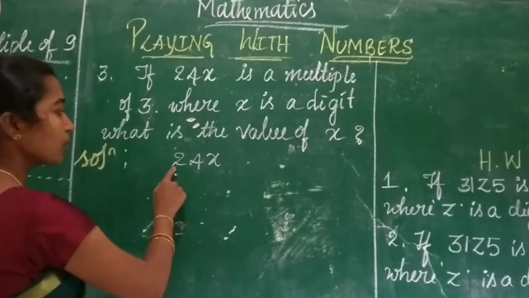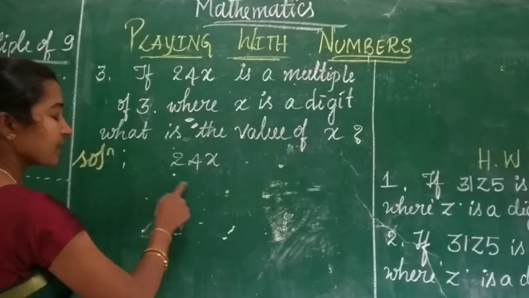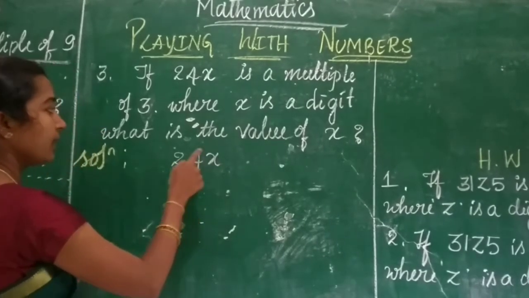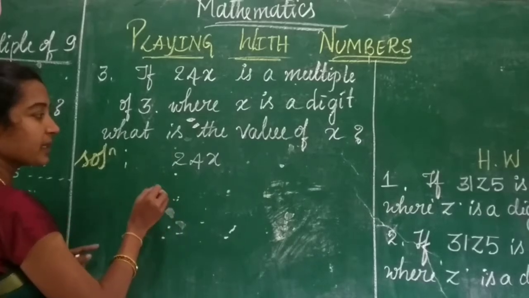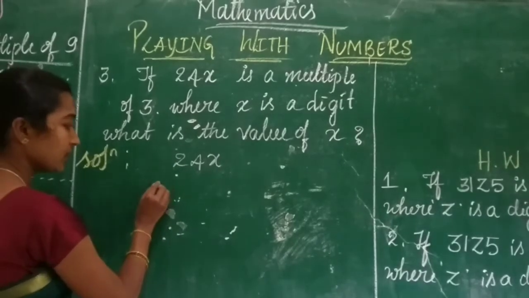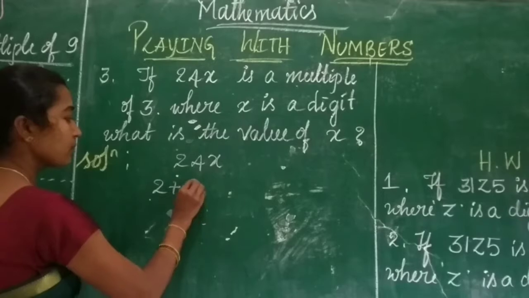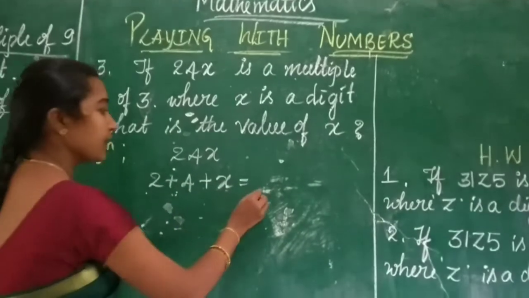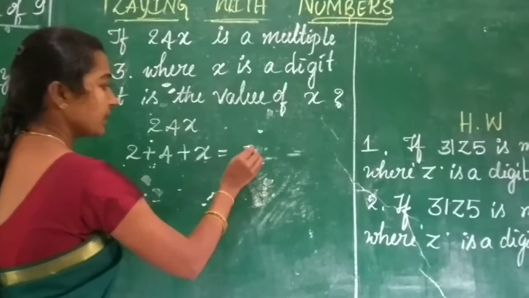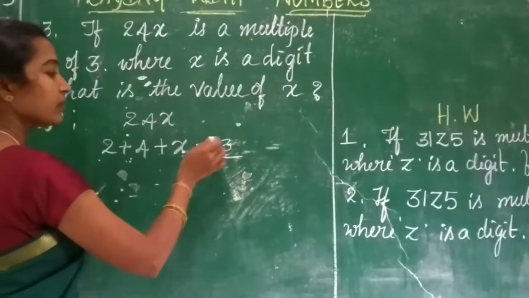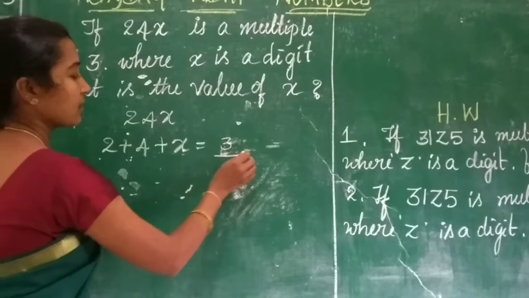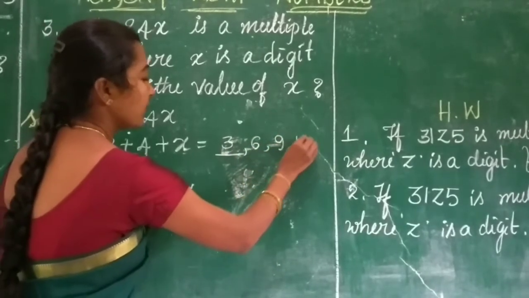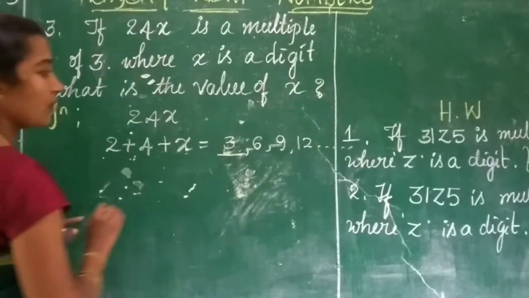See children, 24x. In this number, now let us find the value of x. Now apply the divisibility by 3 rule. Let us first do the sum. The sum of the digits should give a multiple of 3. Here the multiples are 3, 6, 9, 12 and so on.